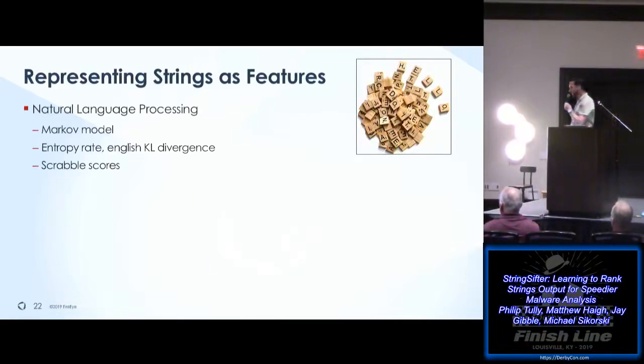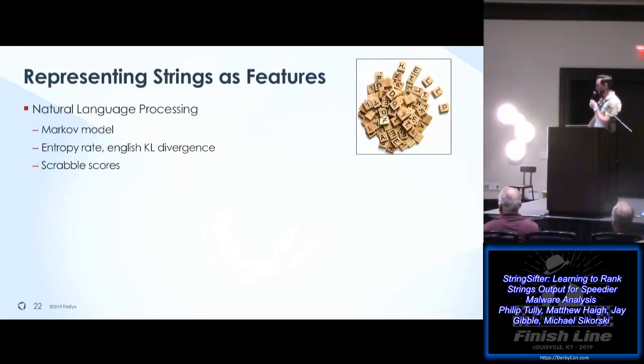Lastly, and I thought this was interesting because there's actually a Scrabble game up here, so that's a sign. But we want to produce some more randomness measures, and we can use Scrabble scores. Everyone's played Scrabble. You can take a string and compute for each character in that string what's its corresponding Scrabble tile, what score that is, and just add them up and divide by the length of the string.